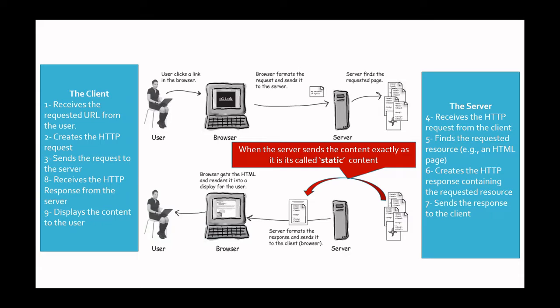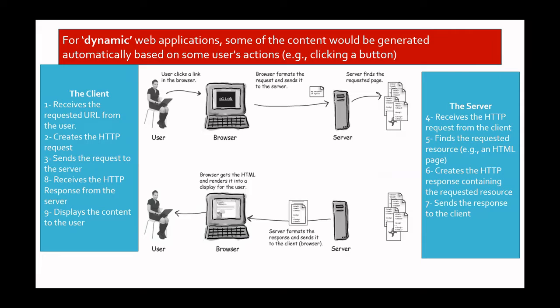It just finds where it is, creates a copy of it, and then sends it to the client. So from the server's point of view, this is called static content. Now, if the server needs to do any work in order to generate the HTML content dynamically, we call this dynamic application or dynamic content.